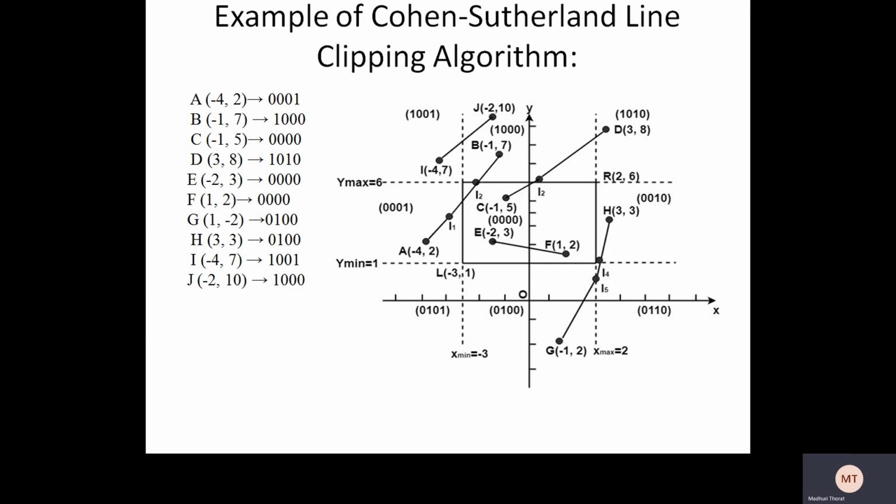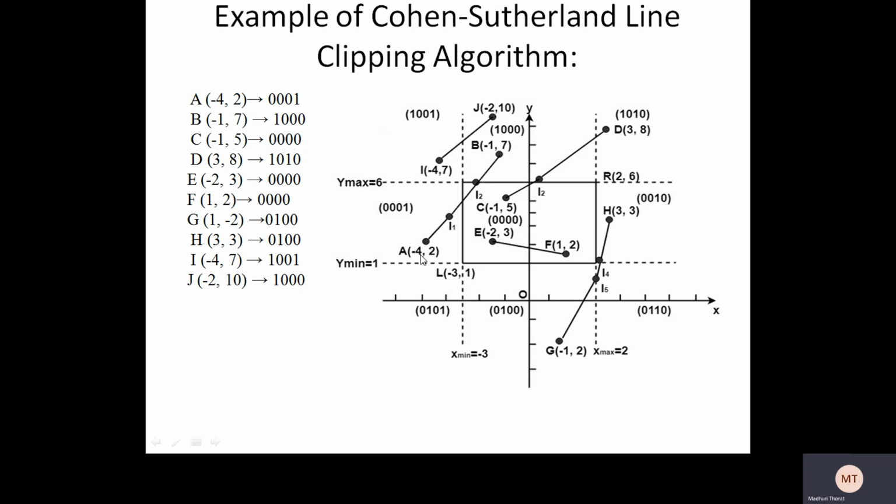See, this is an example of the Cohen-Sutherland line clipping algorithm. We already discussed the steps of the algorithm. With the help of that algorithm, first of all we have to calculate the endpoints of the line. See in the figure, AB is the line. So we are calculating the bit values of the A vertex and the bit values of the B vertex.